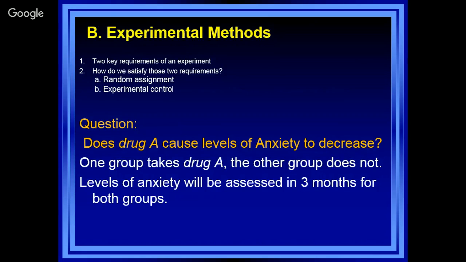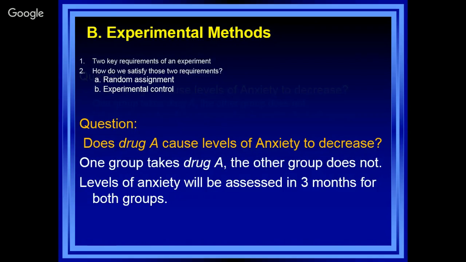By the way, we have to do an experiment right away, because I got the word "cause" there. Does drug A cause levels of anxiety to decrease? So in my experiment, one group takes drug A, the other group does not. And then in 3 months, I'm going to assess levels of anxiety in both groups to see if it worked.